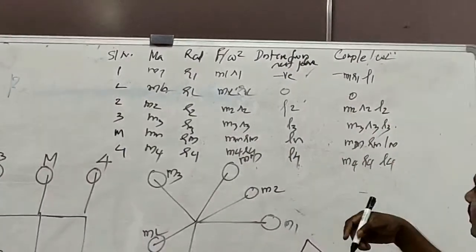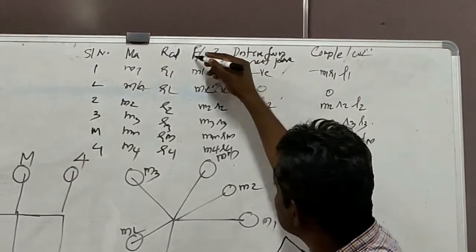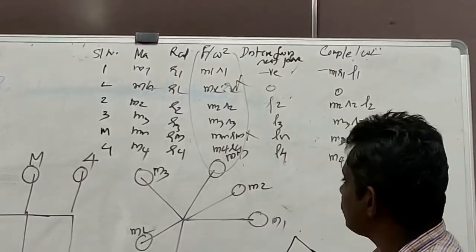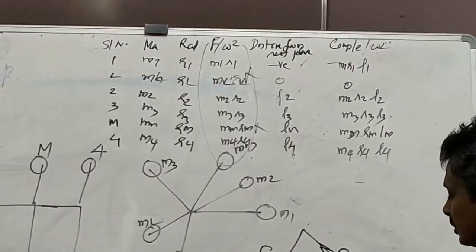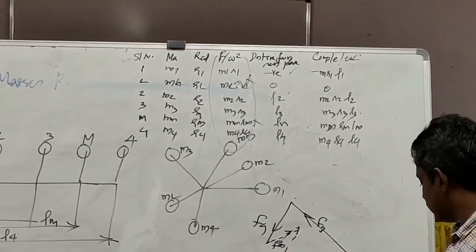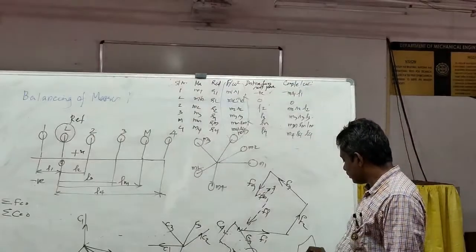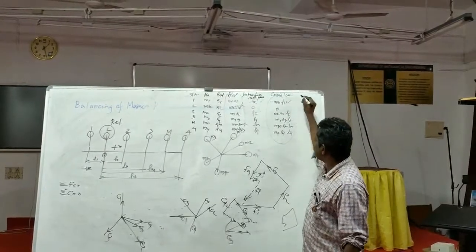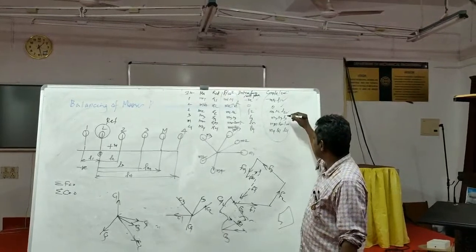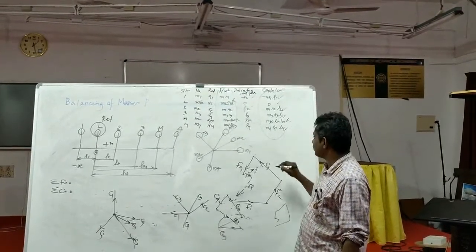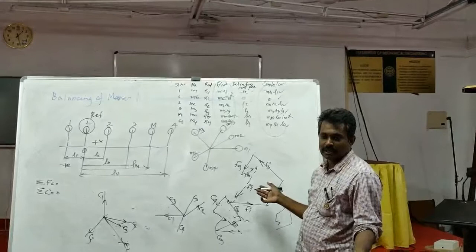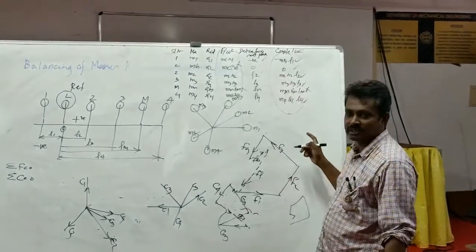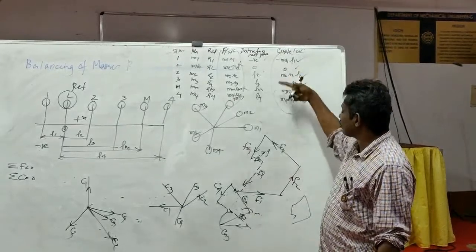If you look at the force column, two values will be unknown, and you will not be able to complete the polygon. But if you look at the couple column, this is known, this is known, this is known, this is known, this is unknown. Note that balancing should be achieved, so this polygon should be closed.